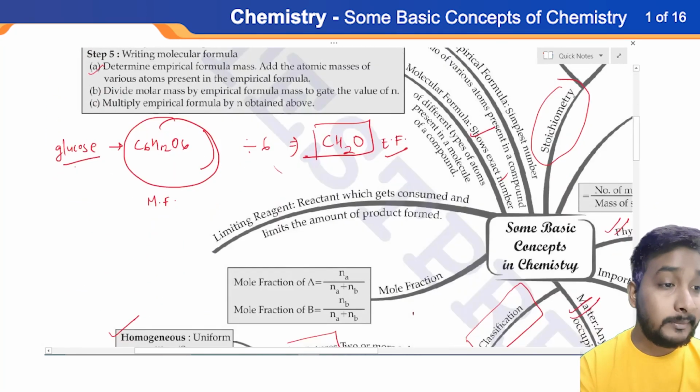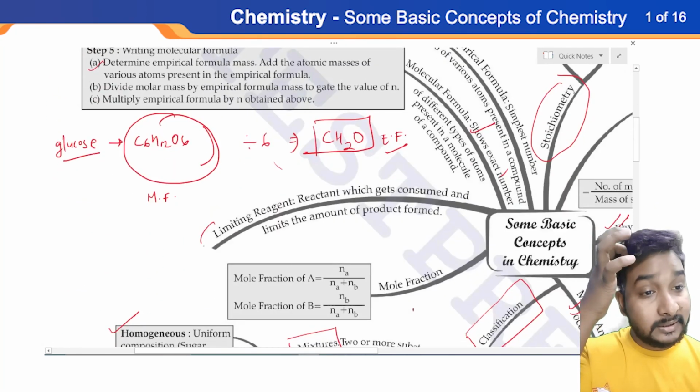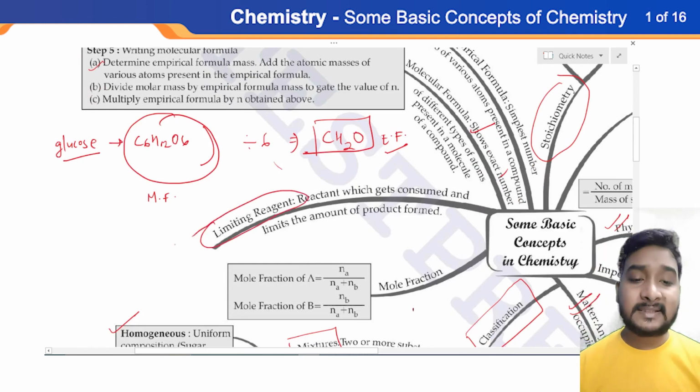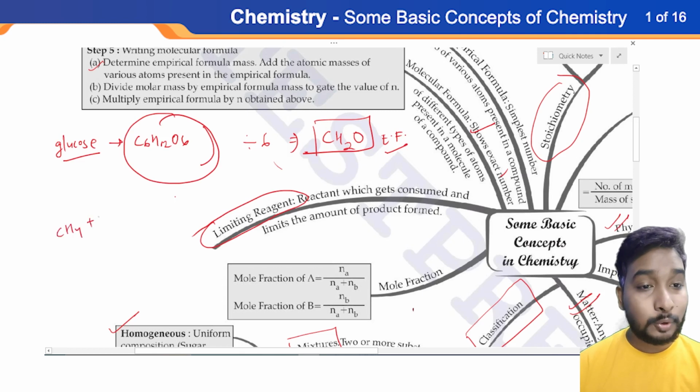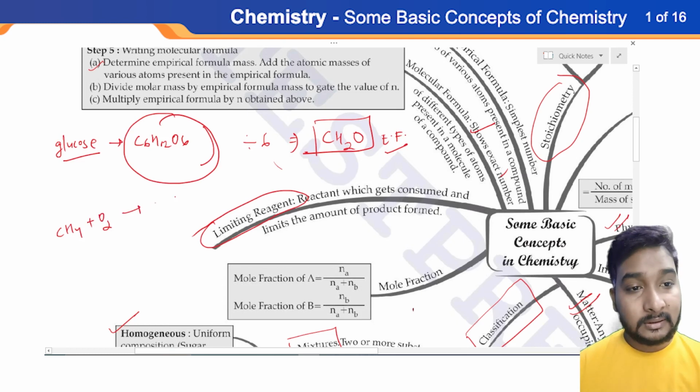Okay. Now limiting reagent. What is limiting reagent? Limiting reagent defines the rate of a reaction. Suppose I am reacting CH4 with O2, and after the reaction I am getting CO2 gas along with H2O.